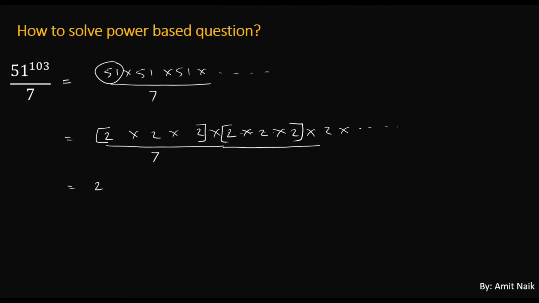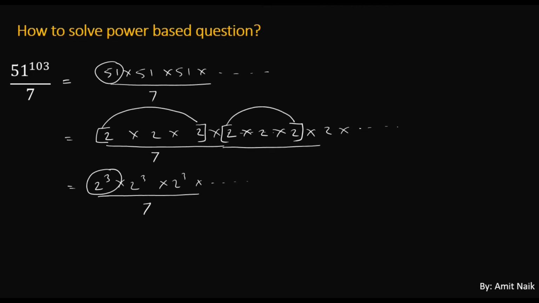So can I say 2 cube, 2 cube, 2 cube, and this will happen some number of times, divided by 7, right? Now 2 cube is nothing but 8. Now 8 divided by 7, the remainder is going to be 1, right? So that is exactly why I preferred the group of 3 2's together.